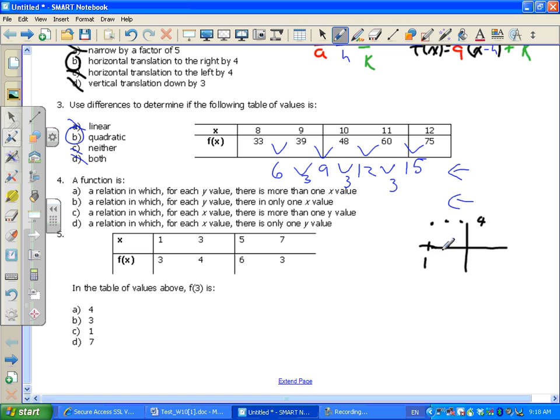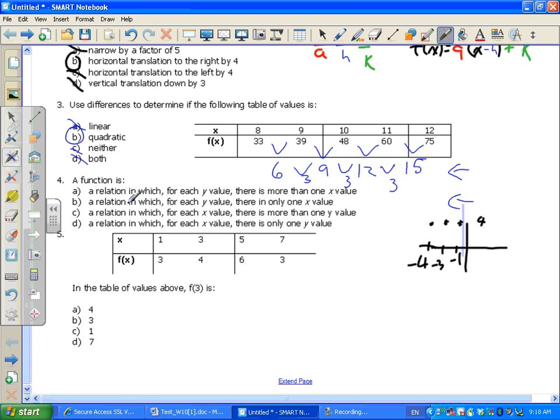So we have an x value of, sorry, negative 4, let's say, negative 3, negative 1. Can this be a function? This could be a function because we don't have 2 y values for one x value. Remember, if we do our vertical line test, it's going to hit this every time only once. So it passes the vertical line test, so A could be an answer.